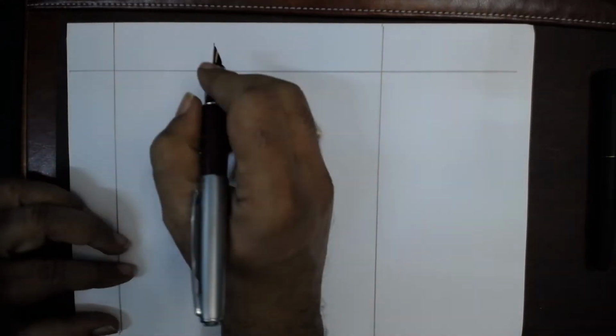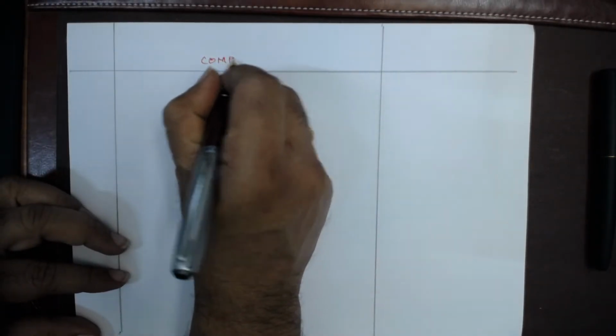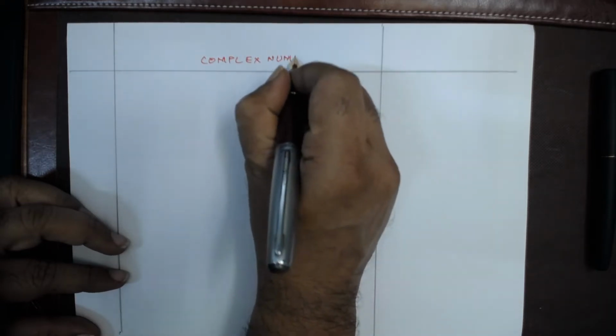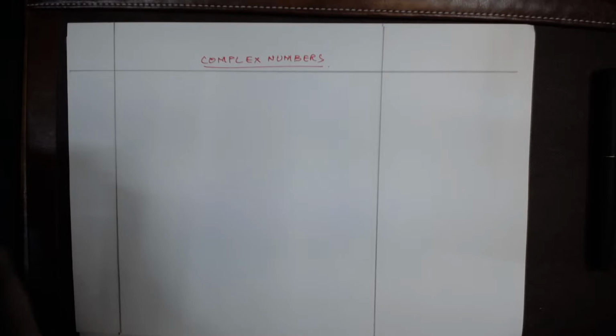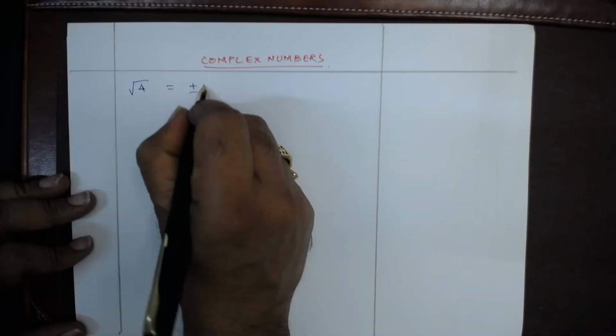Complex numbers. The square root of 4 can be represented, is it not?